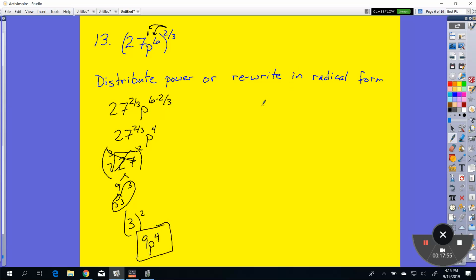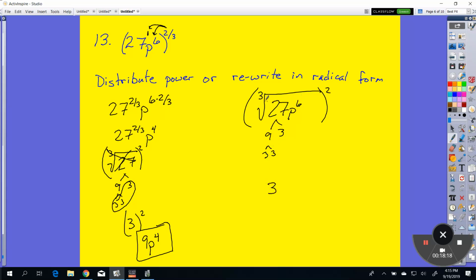If I rewrite it in radical form right at the beginning, I do the same thing as what I did at the end. I realize that the 2 means that this is squared. The 3 means it's a cube root. And I just break stuff down as it is right now. So there's a group of 3's. They get to come out.